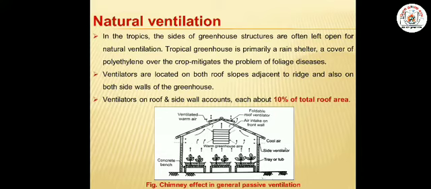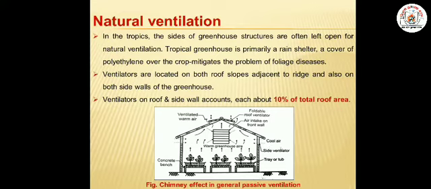At the same time, from the side ventilators, the ambient or cool air enters from the sides into that greenhouse structure. In the place of the warm air, cool ambient air is taken in.